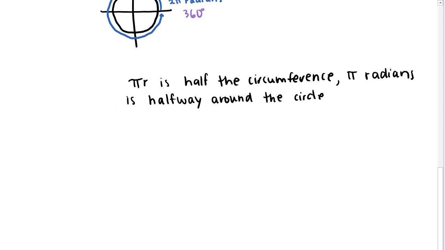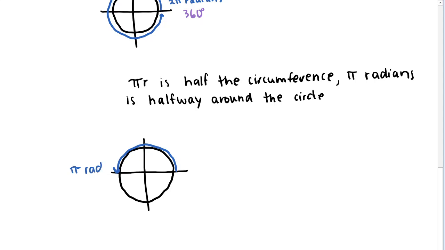So pi radians, and commonly we'll write radians using the abbreviation rad, is like saying we're going across 180 degrees. It's analogous to 180 degrees.